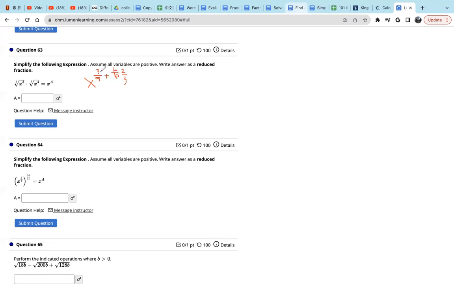Then we just combine 3 over 5 and 2 over 3. So that's x raised to, common denominator 5 times 3, 15. Then we have 3 times 3 plus 2 times 5, which is 19. So that equals x raised to 19 over 15.